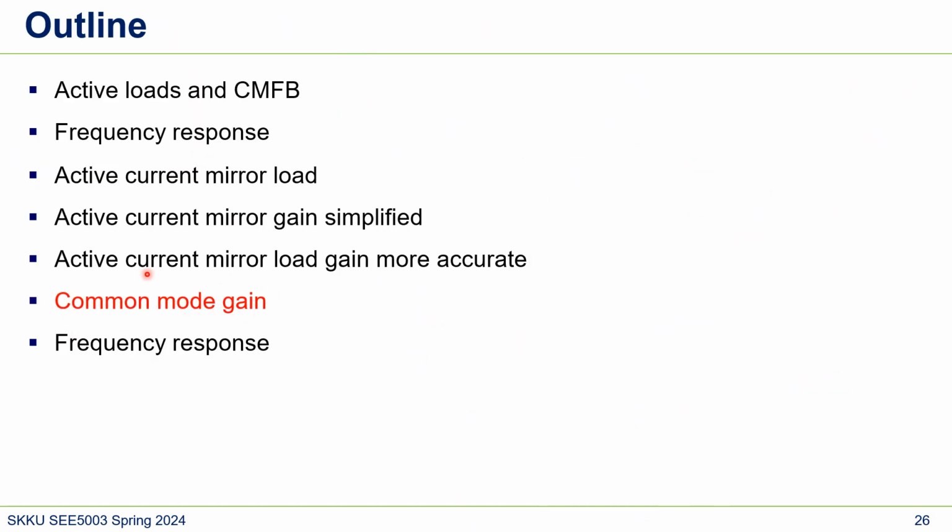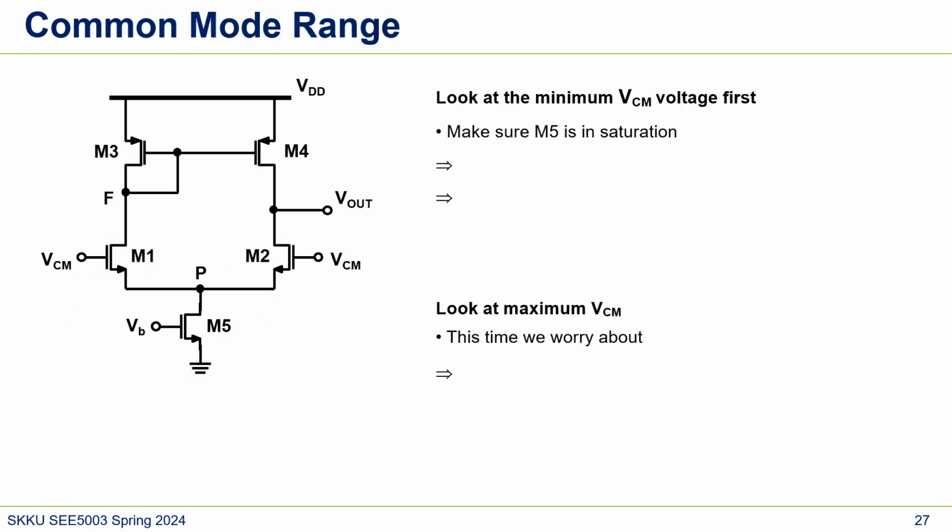Next, let's look at the common mode gain. Before the gain, let's talk about common mode range. So we'll think about VCM. Here we just assume that they are connected together, right? They are the same VCM, and we will set the minimum value of VCM and then the maximum value of VCM.